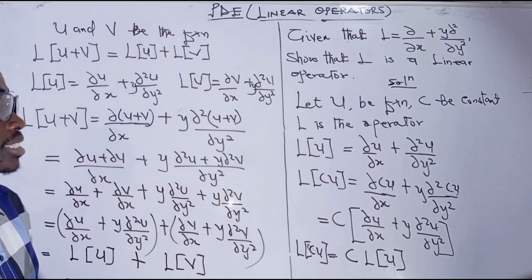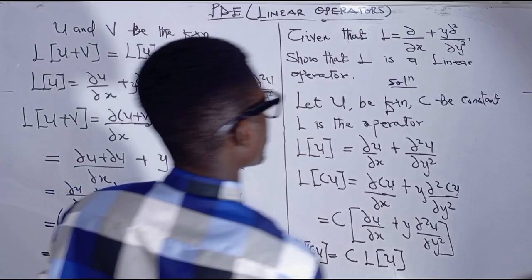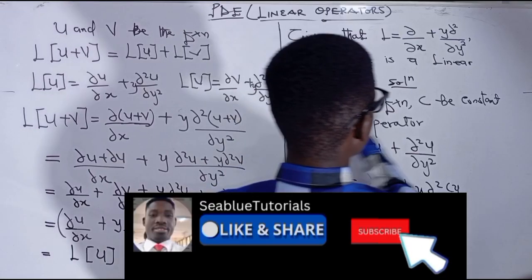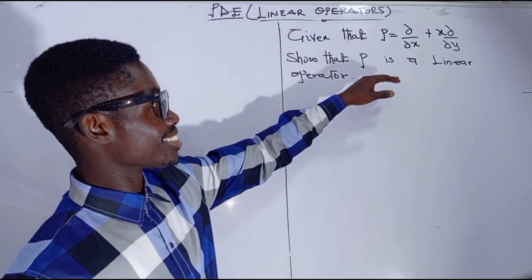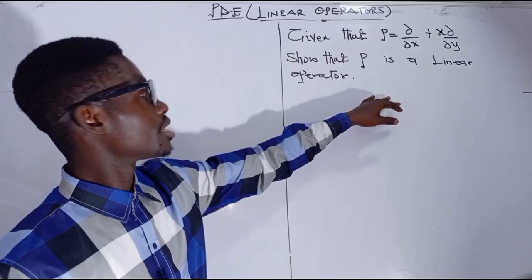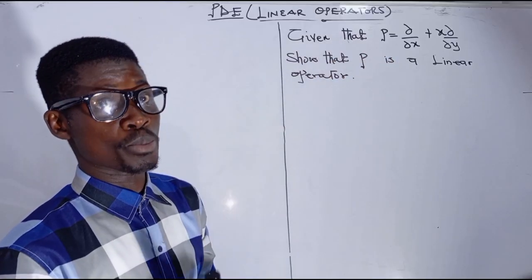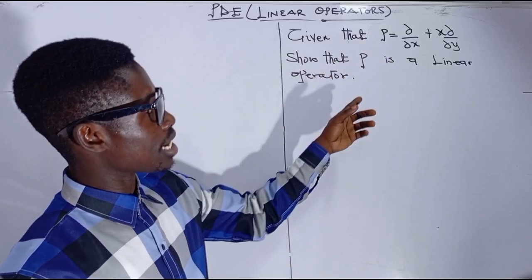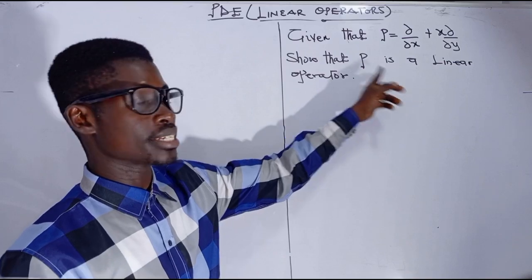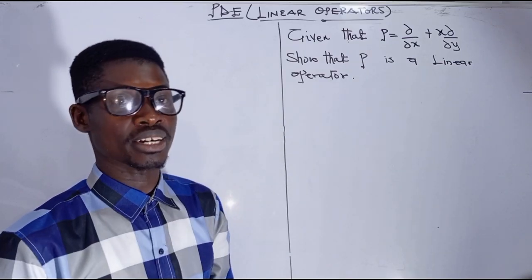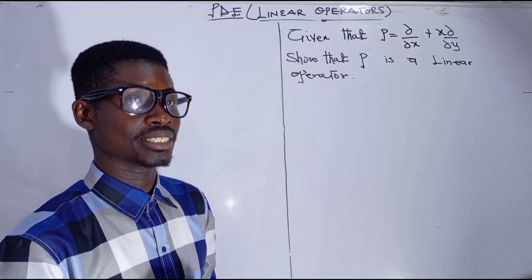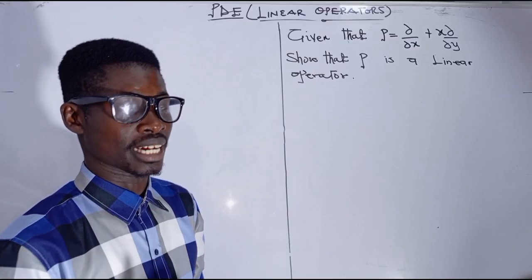Let's look at another example. So this is a second example that I want to look at. Given that P is an operator, we want to show that the operator P is a linear operator. And for it to be a linear operator, it must satisfy the two conditions that we have outlined.